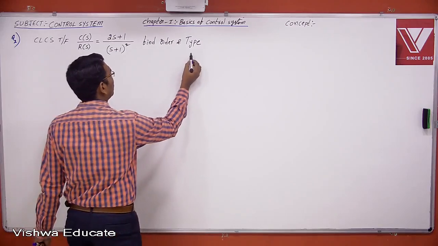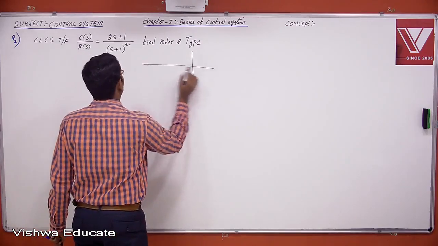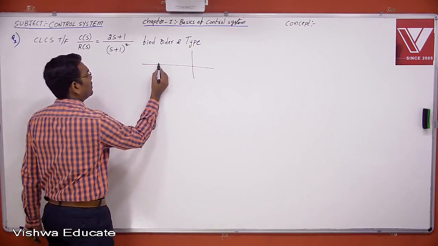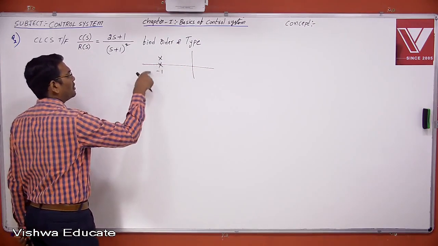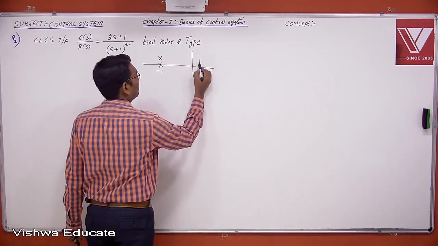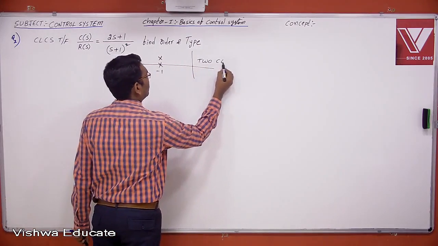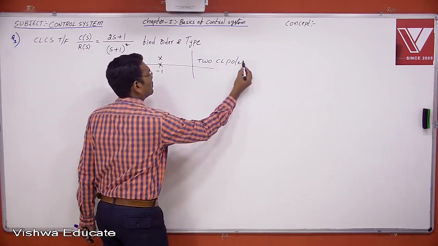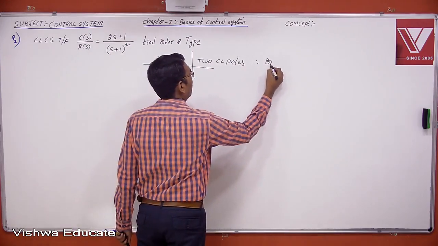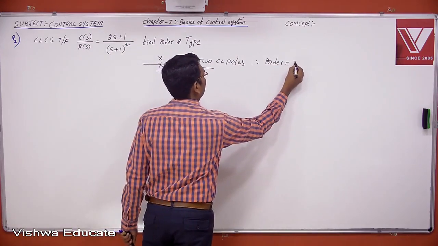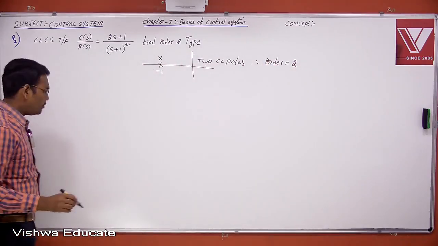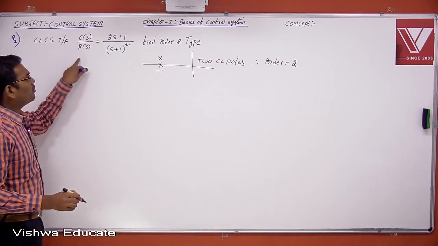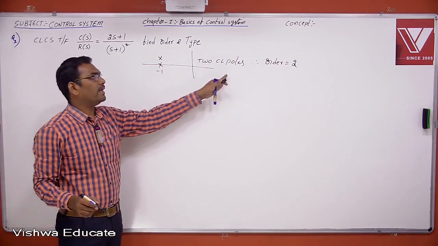How many closed loop poles? s+1=0, s=-1, s=-1. That is 2 poles, therefore 2 closed loop poles, therefore the order is equal to 2.